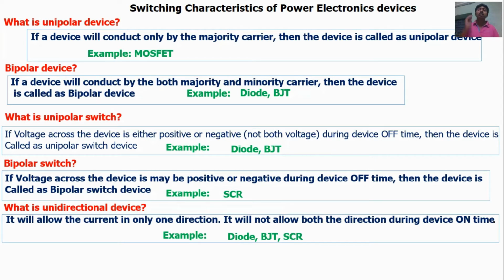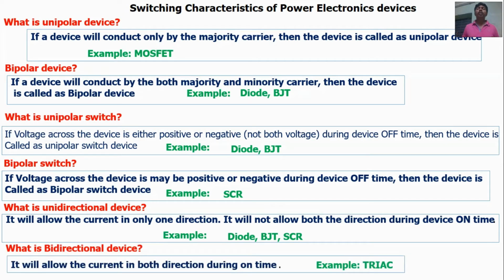The device does not allow current flow from cathode to anode, only one direction. So it is called a unidirectional device. Bidirectional device means if the device allows the current in both directions during on time, then the device is called a bidirectional device. Example, TRIAC. Okay. For the switching characteristics, ignore the basic electronics definition. Only remember the power electronic concept definition.